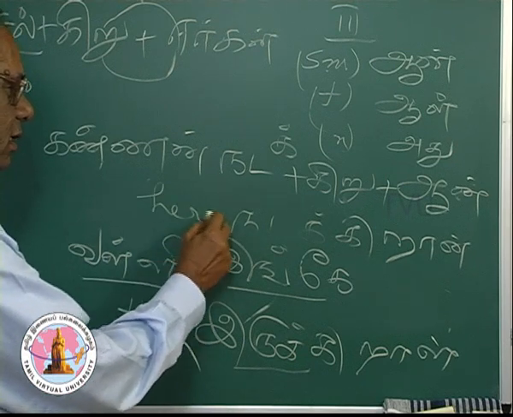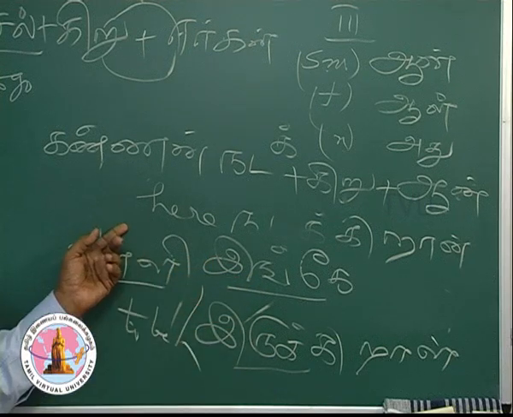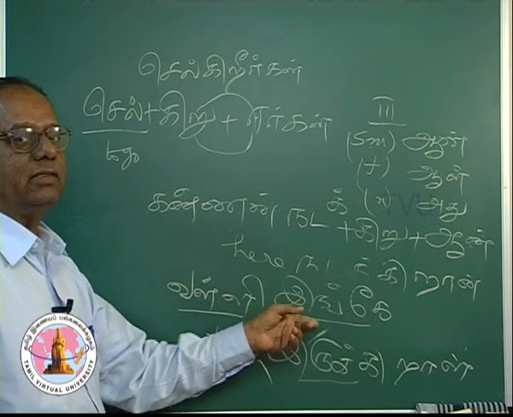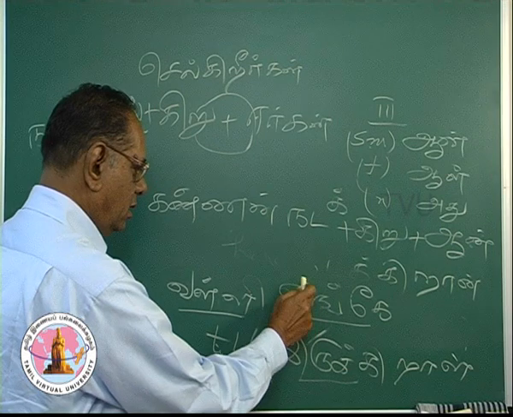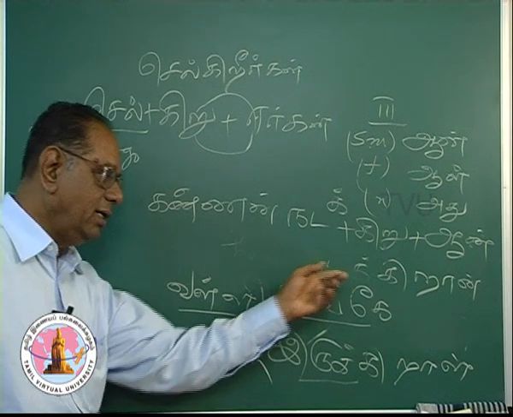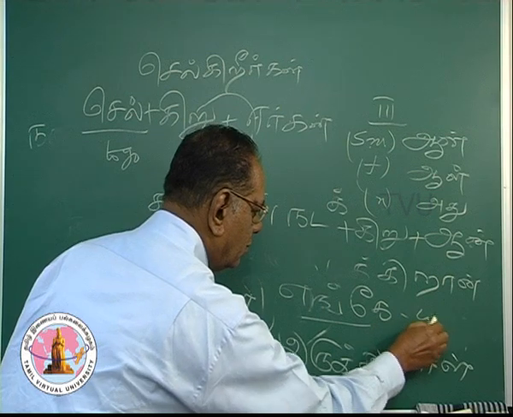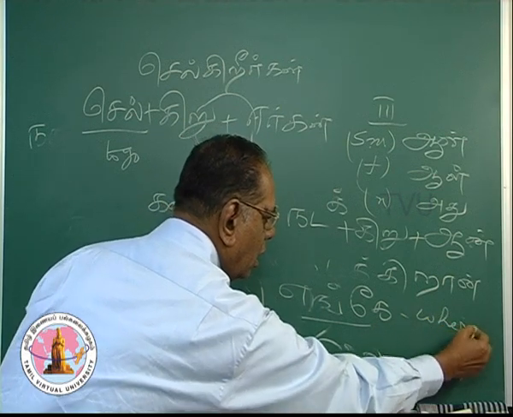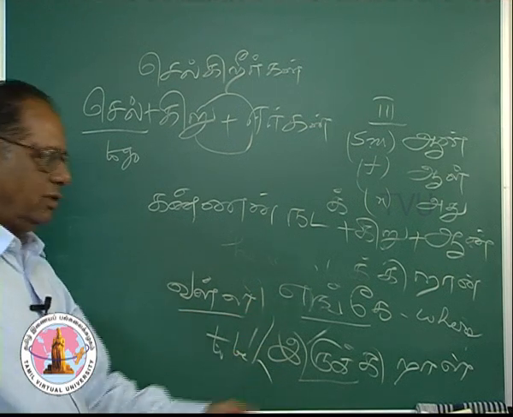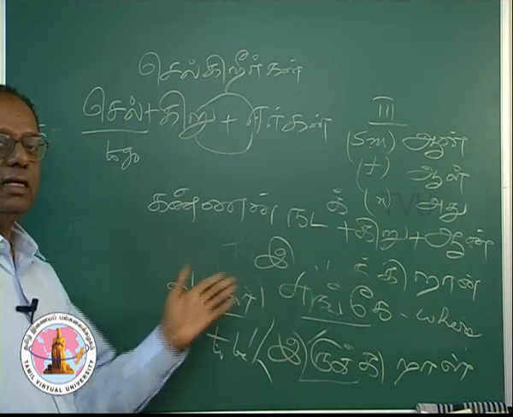You remember that? வள்ளி is here. The verb is at the end of a Tamil sentence. I make it an interrogation. வள்ளி எங்கே இருக்கிறாள்? எங்கே, where? For this question, the answer will be வள்ளி இங்கே இருக்கிறாள்.